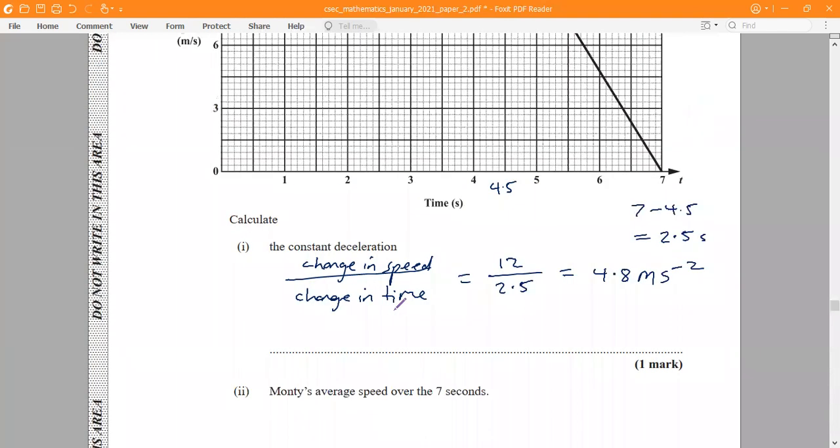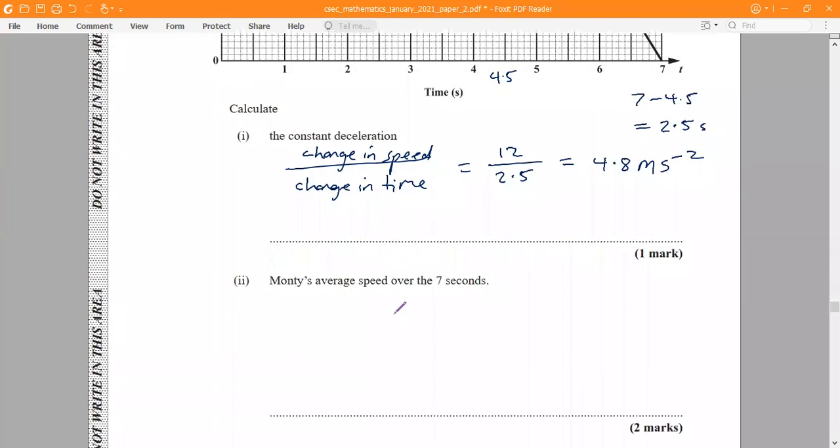Monty's average speed over the 7 seconds. So average speed is equal to total distance traveled divided by total time taken.